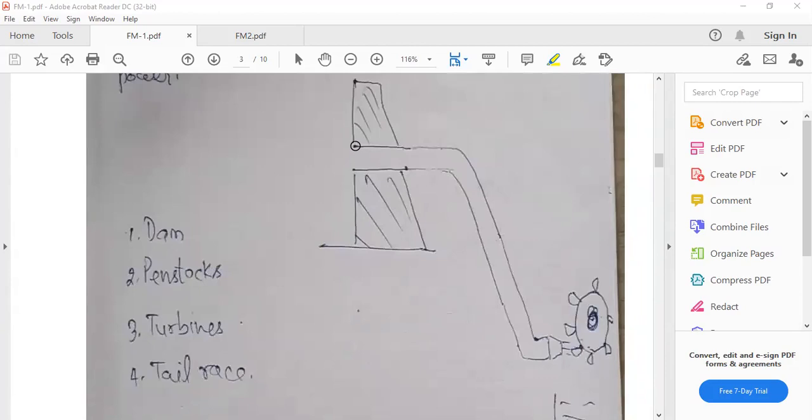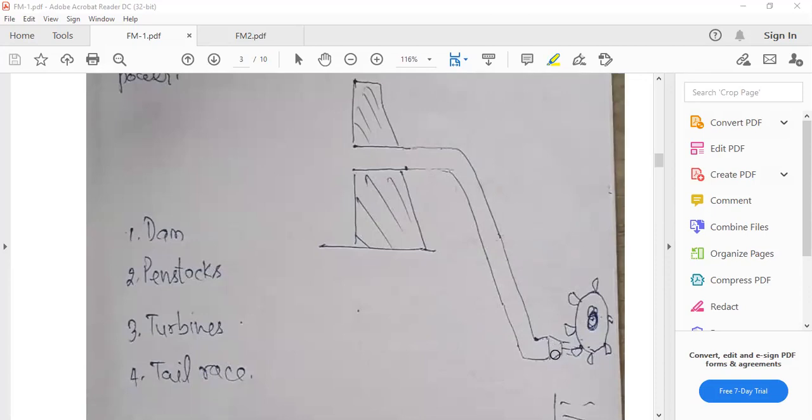Then to bring water from this dam up to the place where turbine is kept, we use the concrete pipes. These are the concrete or large steel pipes which are used to bring water from this dam to the turbine. Then at the end of these penstocks, we have the nozzle fitted.